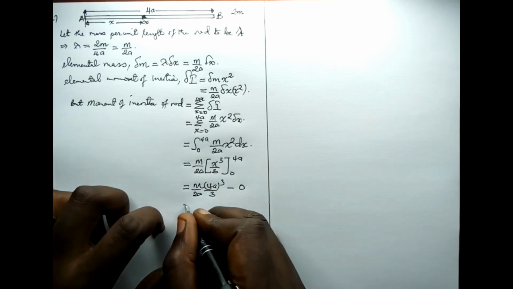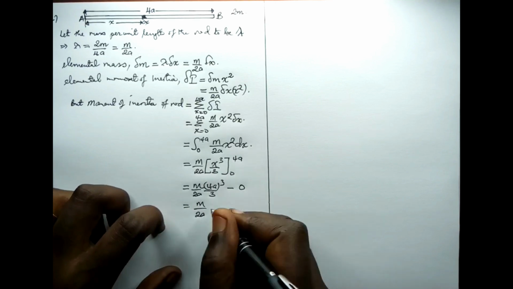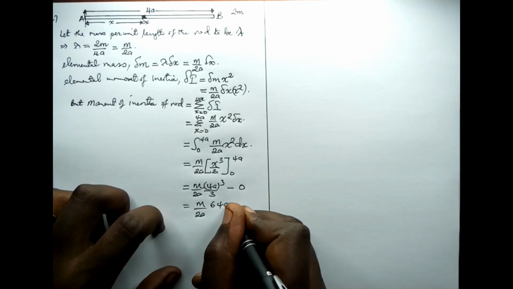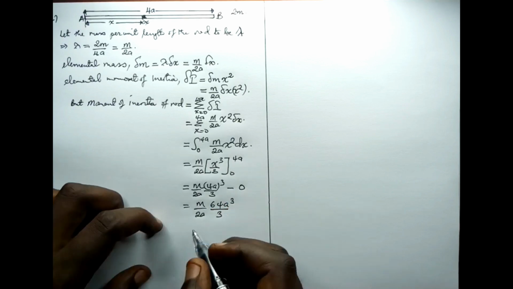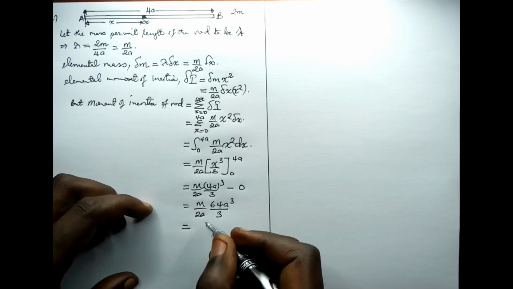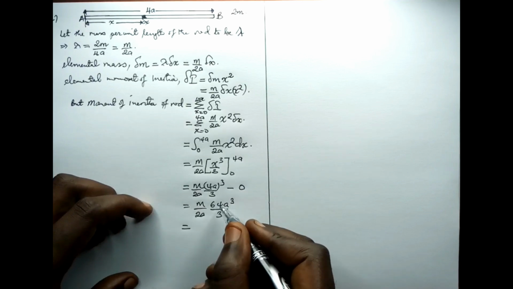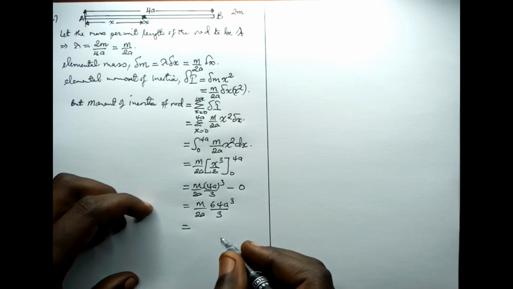The substitution of the lower limit gives 0. And so we get m over 2a times 4a cubed, which should be 64a cubed all over 3. And this gives 2 cancels 64 to give 32. A cancels a cubed to give a squared.